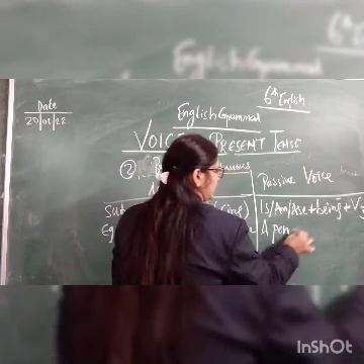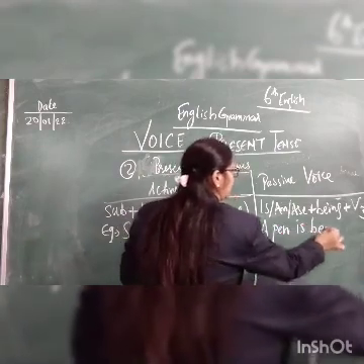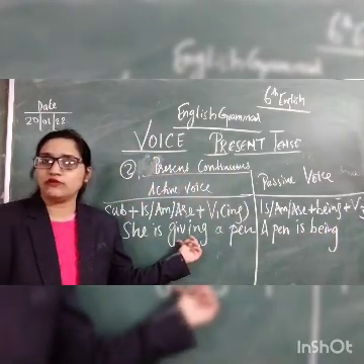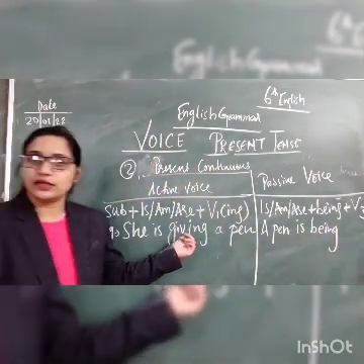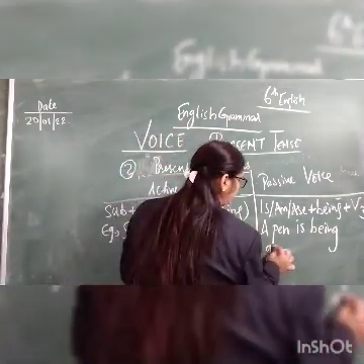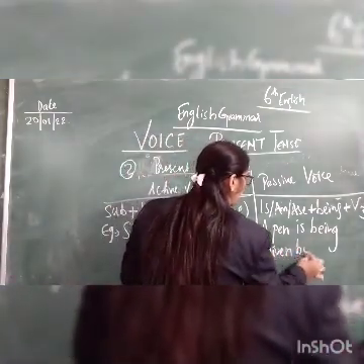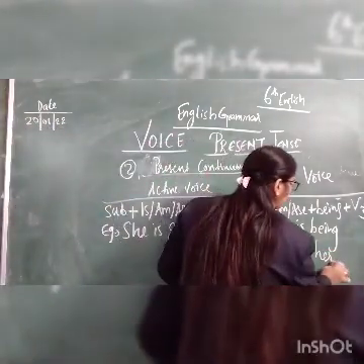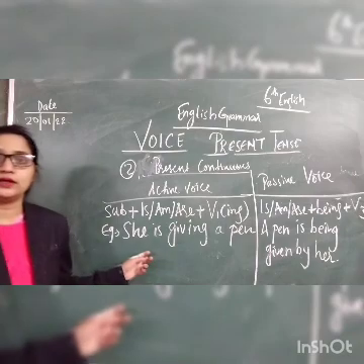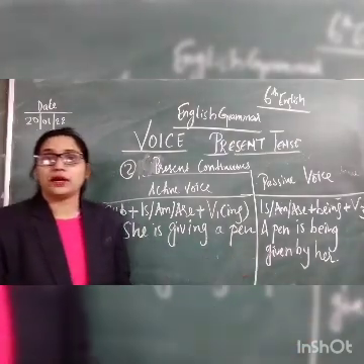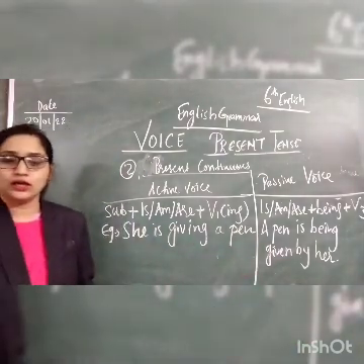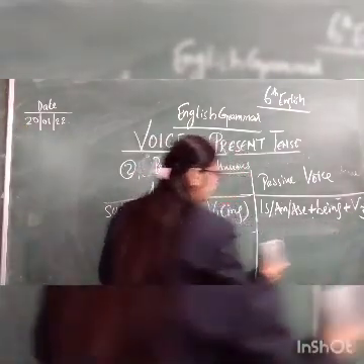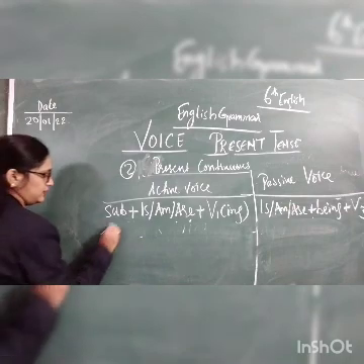A pen is being. Now give, gave, given. Third form is given. Is being given by she. That becomes her. A pen is being given by her.